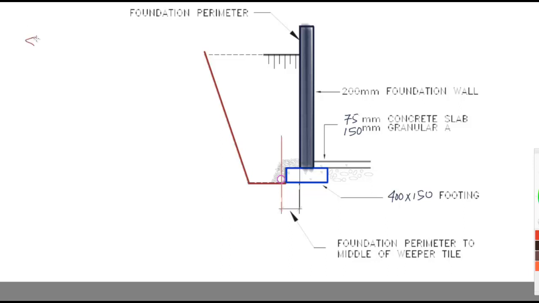We have 8.1 meters multiplied by 2 sides, plus 7.4 meters, 2 sides. This is a plus. We'll have to add the projection, which is this part, and half of the diameter of the weeper tile.